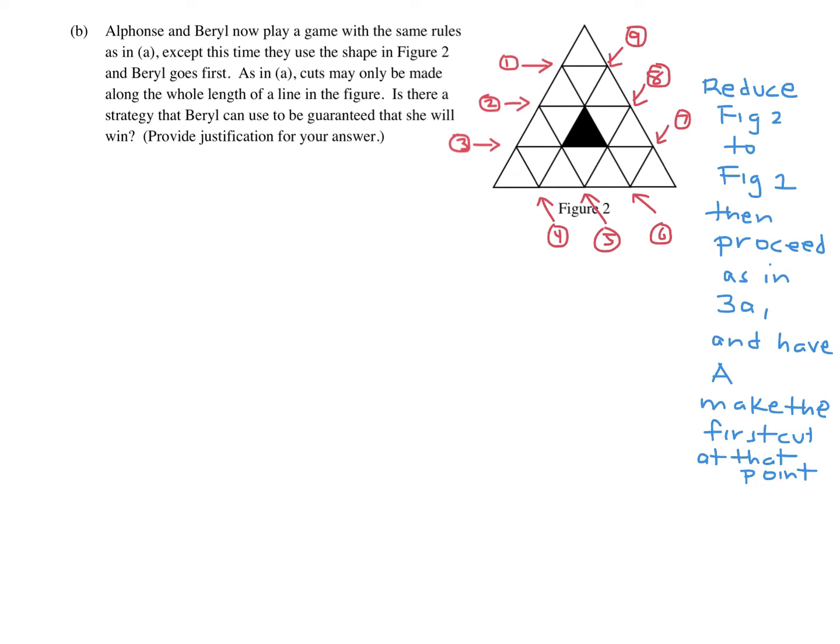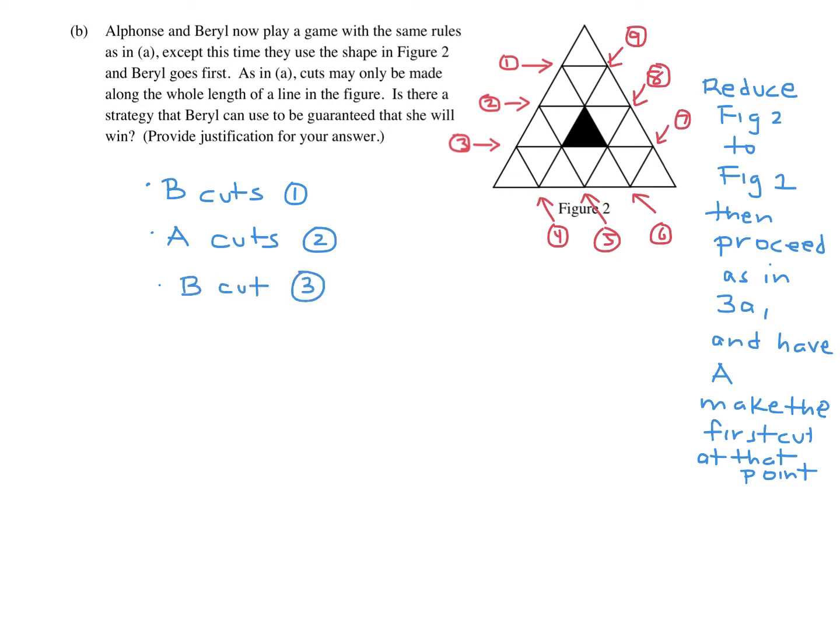The first way is as follows. Beryl goes first, right? So Beryl cuts 1. So that means the cut is like this. Okay. So then it's Alphonse's turn. He cuts, say, 2. So now he cuts that. Then Beryl will cut 3.